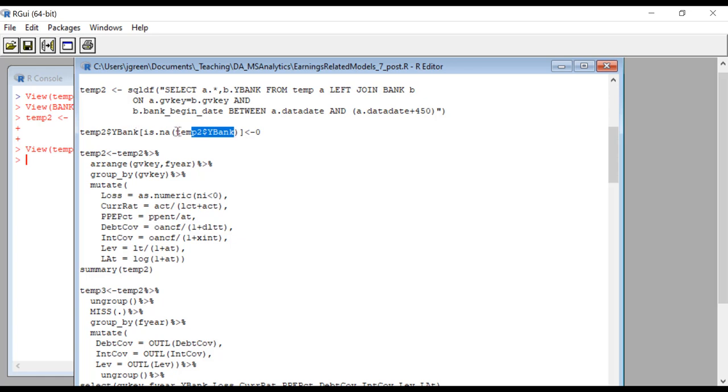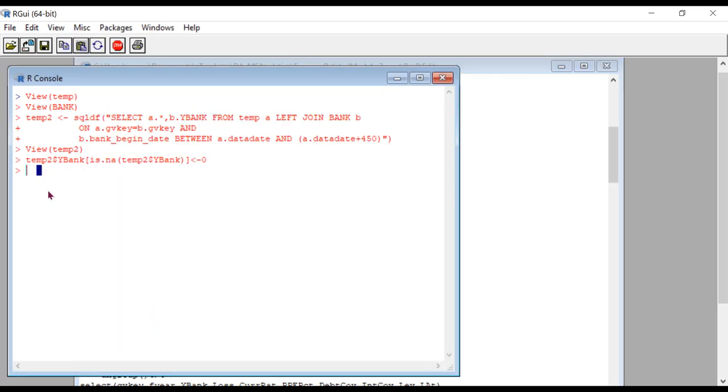For example, if this said temp2 F year, so where fiscal year met some conditions, we could do the same sort of thing. So again, where rows meet this condition here in the square brackets, we're going to alter the column that is given by this part, and we're going to set them all equal to 0.